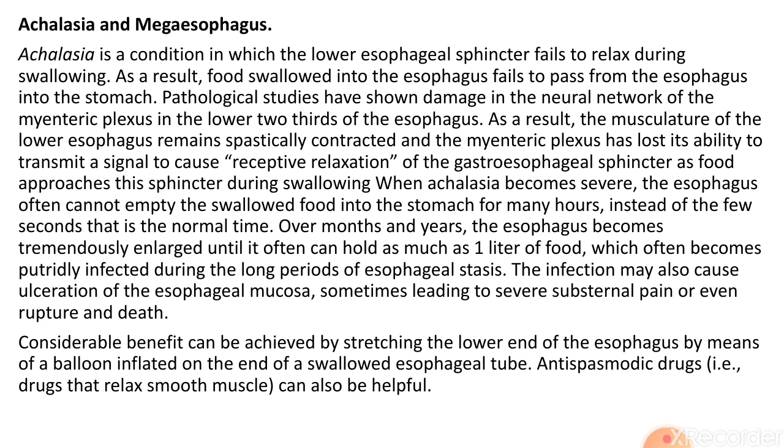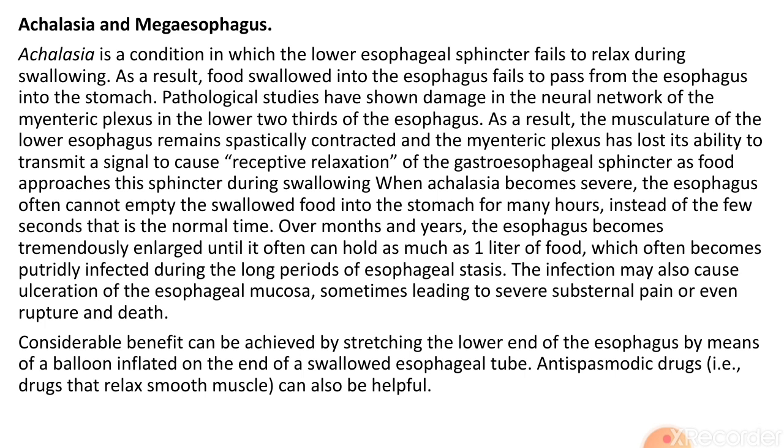And if there is damage in the myenteric plexus of the esophagus, peristalsis will not occur in the esophagus. And as you know, when the peristalsis reaches the lower end of the esophagus, there is a receptive relaxation in the lower esophageal sphincter in order for the food particles to pass to the stomach.